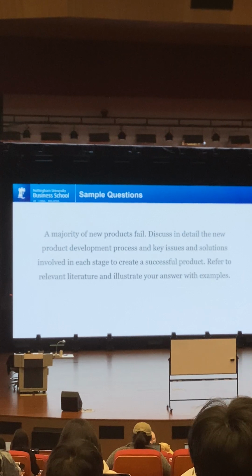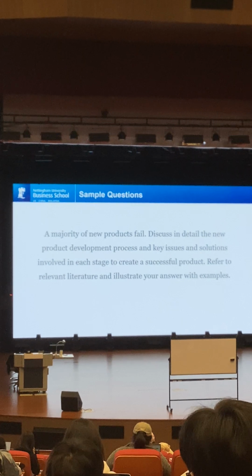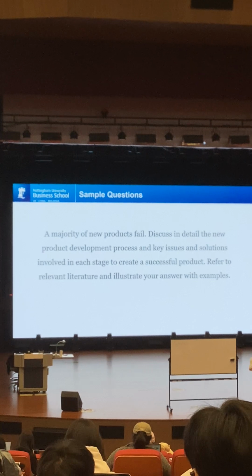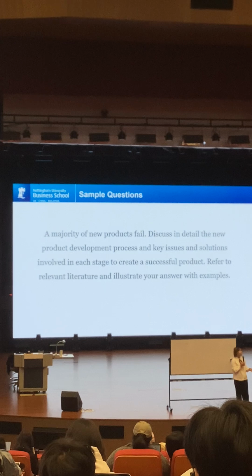But in reality, a lot of new products fail in the marketplace. This essay aims to understand the key issues and the key product development process, as well as the key solutions to this kind of issue. So, clearly state the aim of the essay.